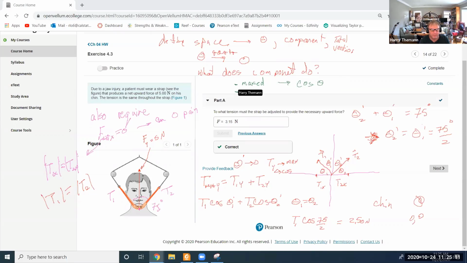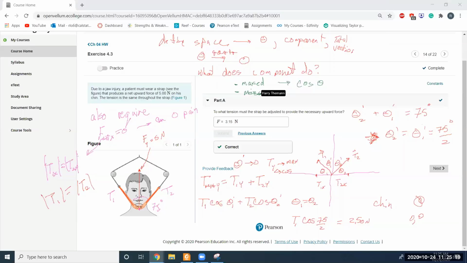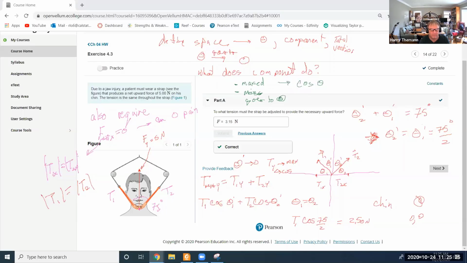If it mins, well, actually not mins, careful, because it could be minus max, right? So if it goes to 0, then it's sine.